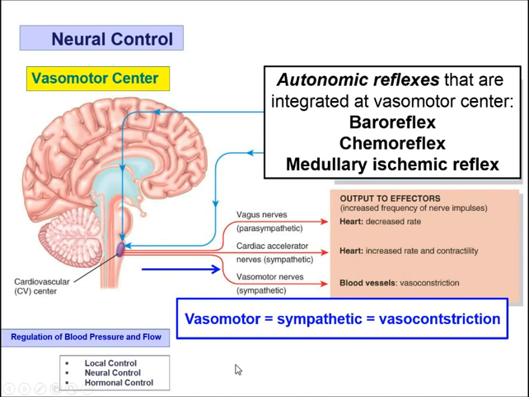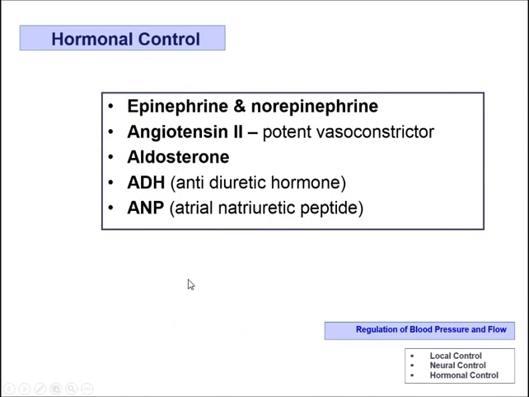Okay, so this is our neural control, and we're going to move on now to hormonal control. Again, we're talking about the influence that hormones have on blood pressure and flow. We know that epinephrine and norepinephrine, when we talk about them as hormones, just a reminder, come from the adrenal medulla in response to sympathetic stimulation.